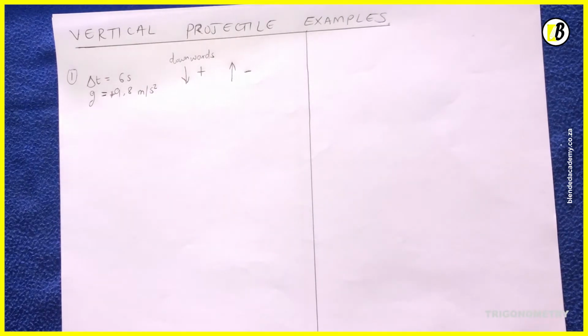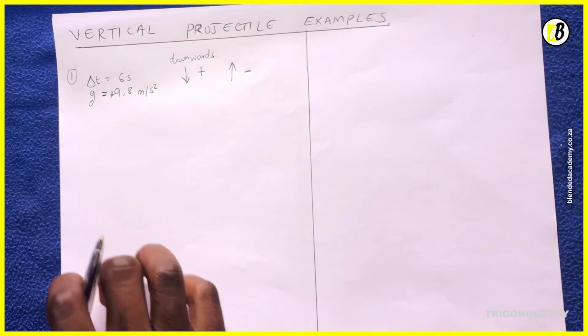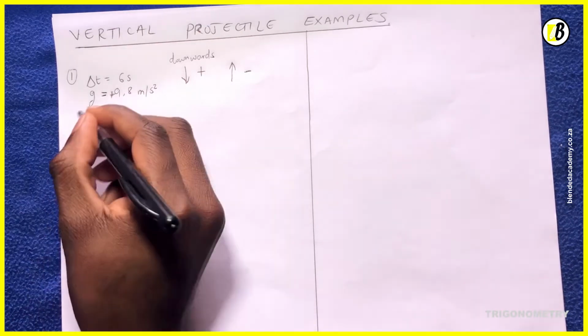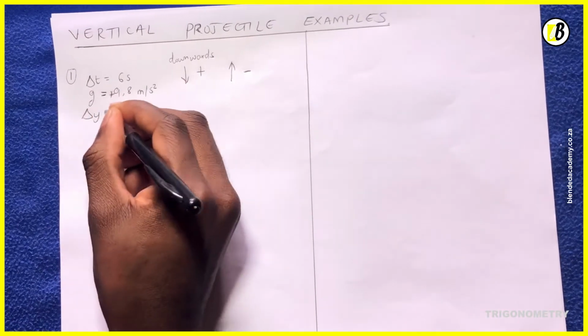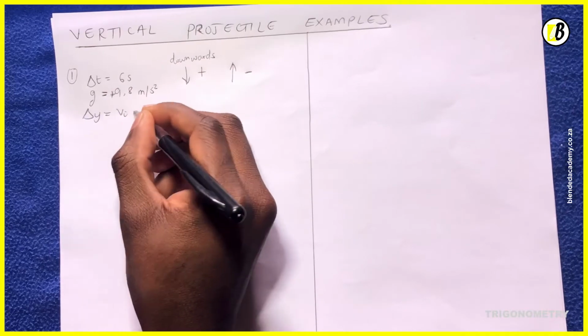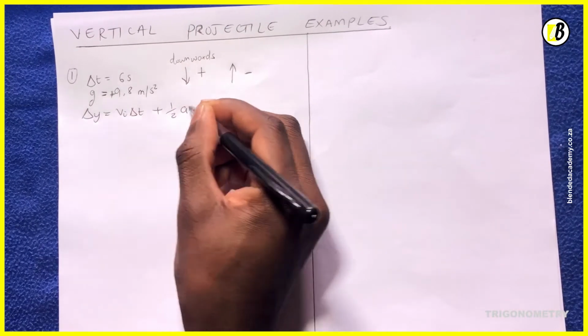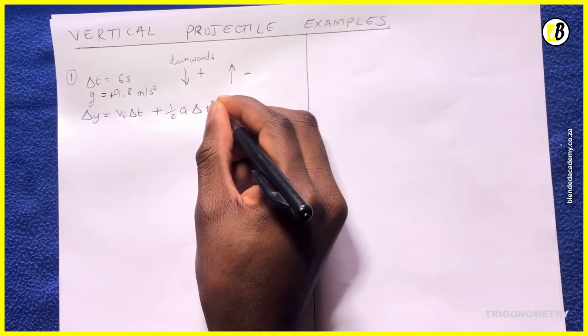Now let's choose the suitable equation for this question. From the formulas from our previous lesson, when we have the change in time and acceleration, we need to use the equation: change in y equals initial velocity multiplied by time, plus half multiplied by acceleration, multiplied by the change in time squared.